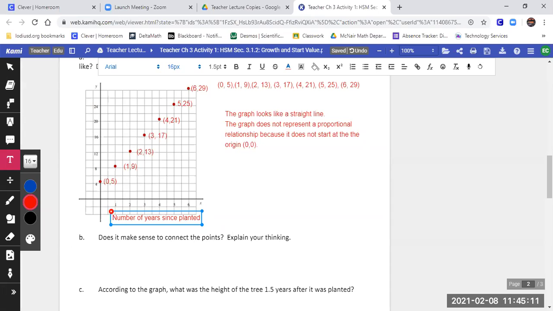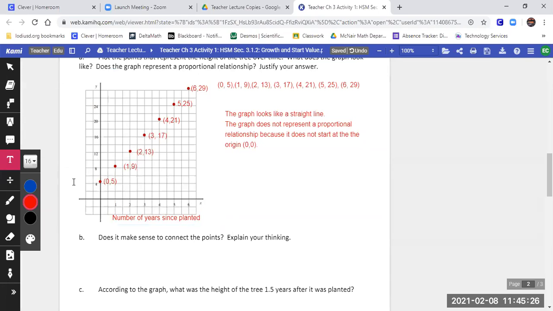The height, how are we measuring it? In feet. Okay, so the height in feet, let me see if it'll let me do this.